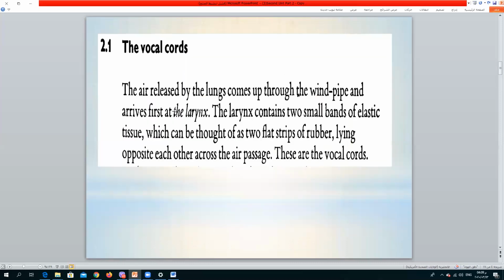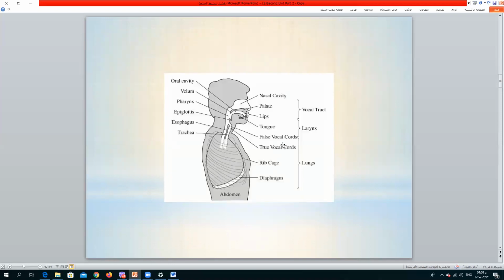Vocal cords. Air released by the lungs comes up through the windpipe and arrives first at the larynx. Here is the larynx.